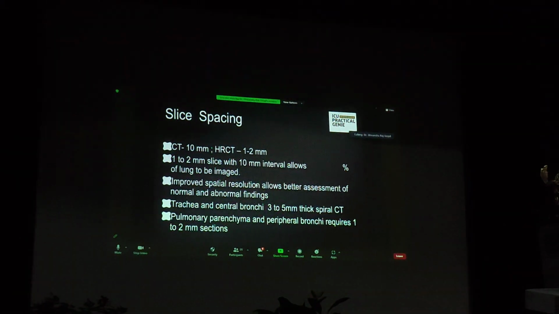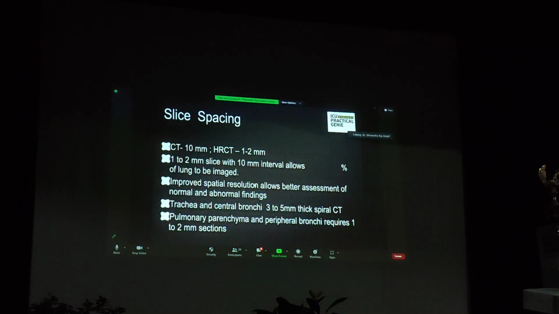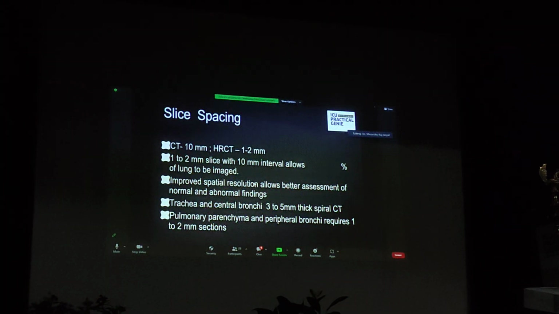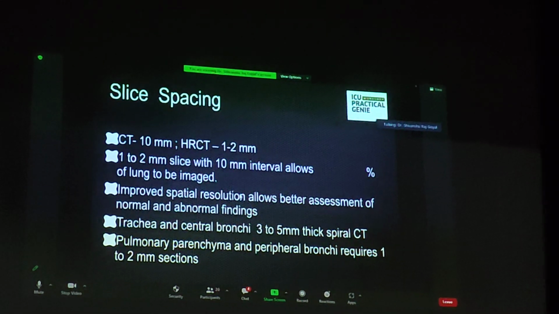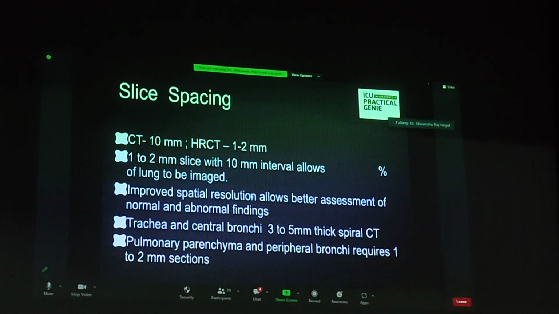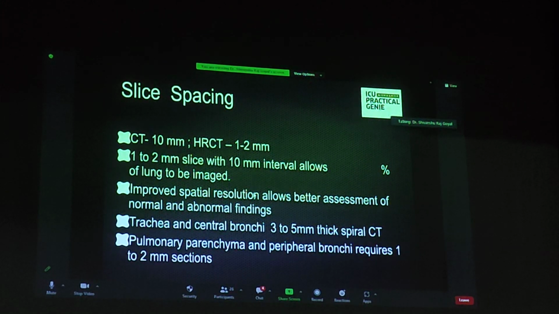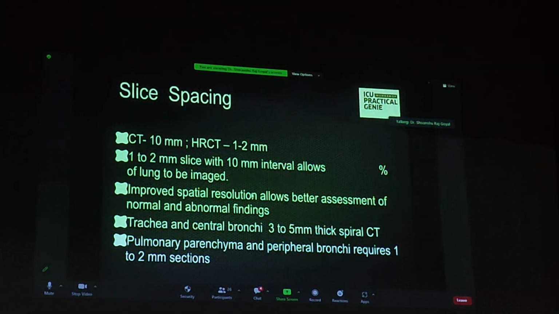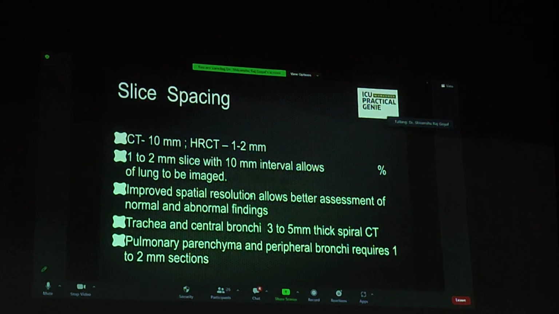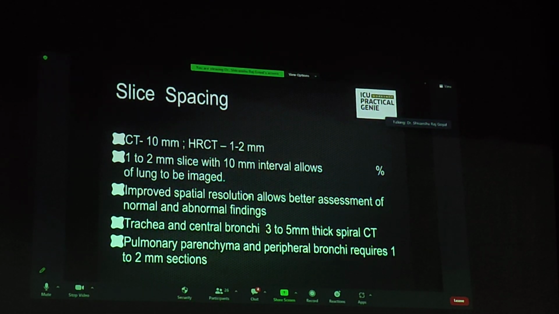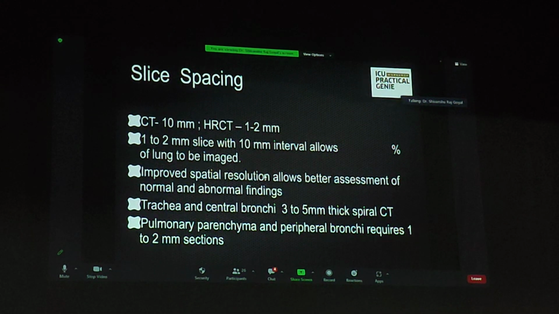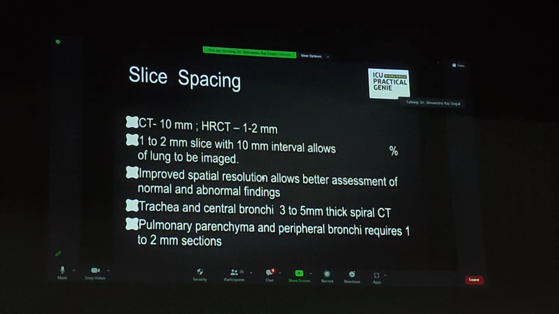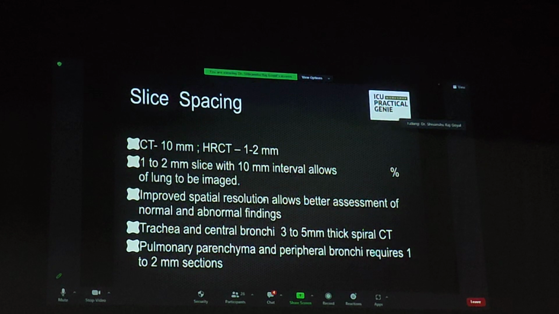But there are a lot of terms which are used. In your day-to-day life, you have a non-contrast CT, an HRCT, a CECT or a CT pulmonary angio. What is the fundamental principle which is different between the two, or among all the terms? A standard CT scan gives you slice spacing at 10 mm intervals, and an HRCT would give you a 1 to 2 mm interval of slice spacing.